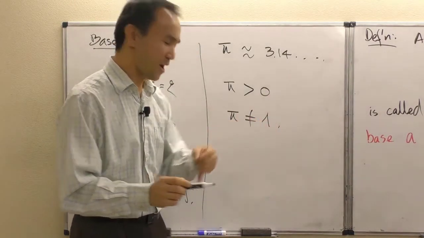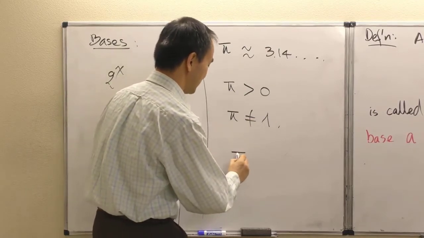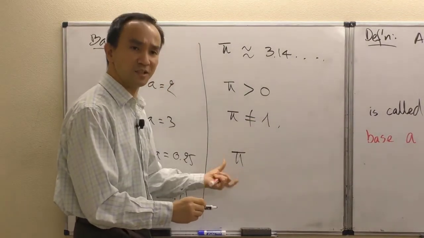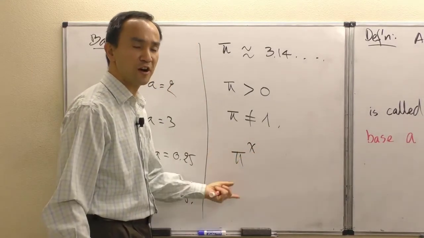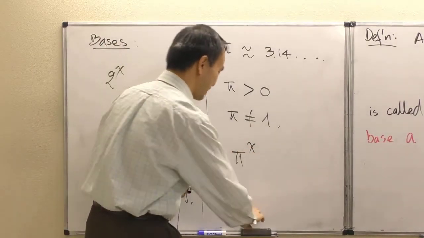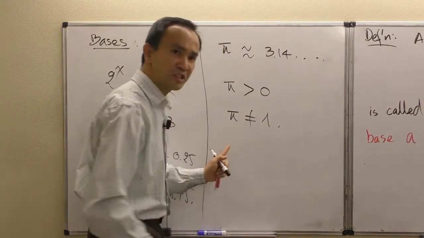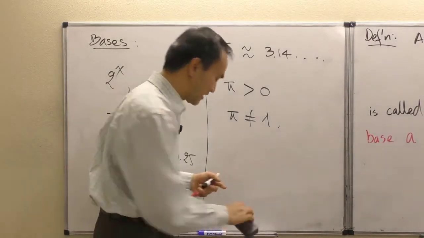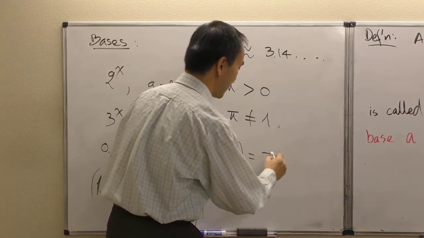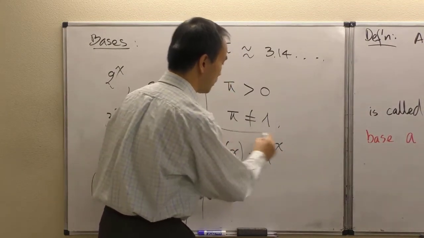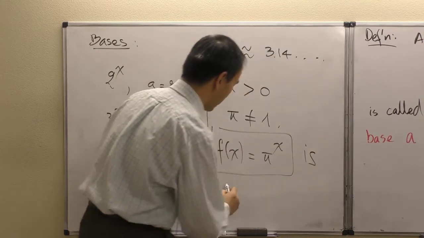So this pi well deserves its place to be the base of an exponential function. I'm not saying that we will see this kind of function often out there, but it's completely legal. If we have a function pi to the x, it's completely legal, an exponential function.